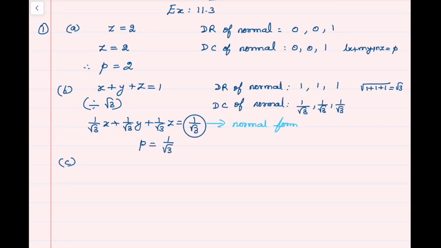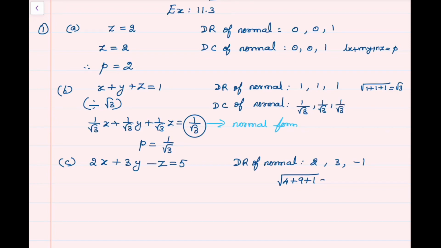Now subdivision C. The equation is 2x plus 3y minus z is equal to 5. The drs of the normal are the coefficients of x, y, z, which are 2, 3, minus 1. Let us calculate the magnitude of this. Root of 4 plus 9 plus 1, which is root 14.